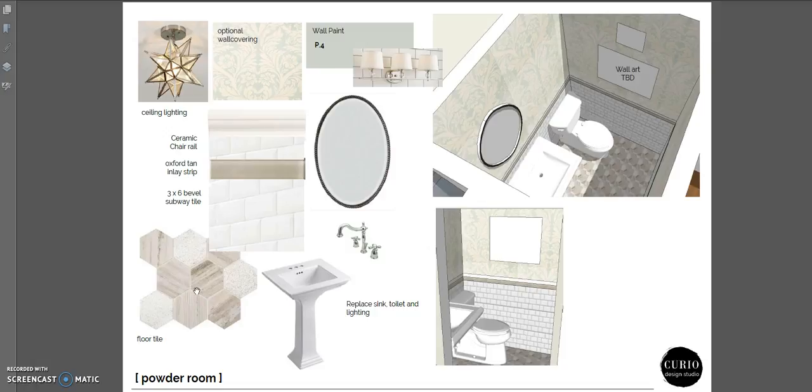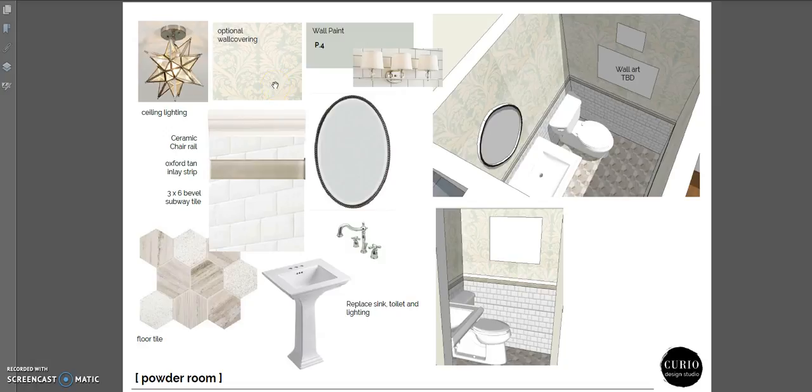I don't know if you have seen that. But then just suggesting adding some wall tile, subway tile with a slight bevel on the walls, and then just a little bit of an accent glass strip around, and then of course a chair rail to top it all off.